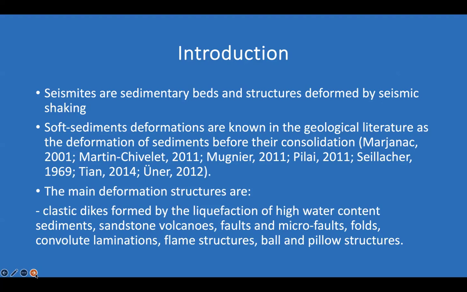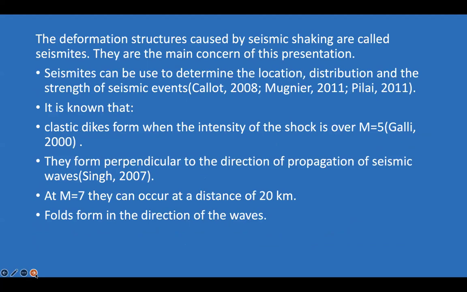The main deformation structures that we can find in the literature are clastic dikes, faults and microfaults, folds, convolute lamination, flame structures, ball and pillow structures. This kind of deformation has many origins, but mainly they are from seismic activity, and they can be proof and evidence of tectonic activity of an area.